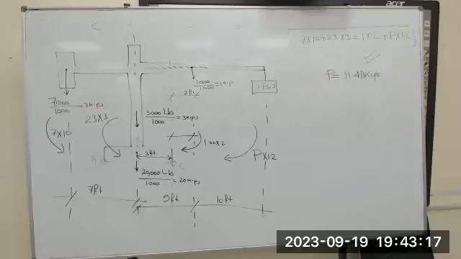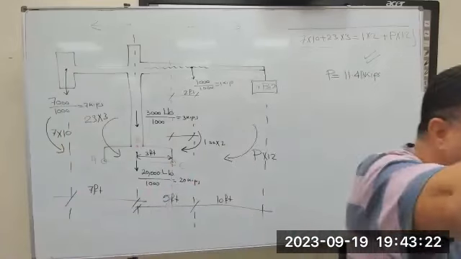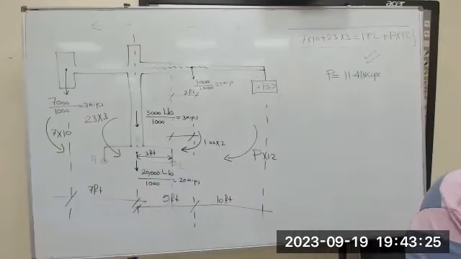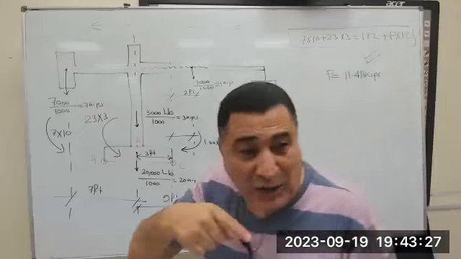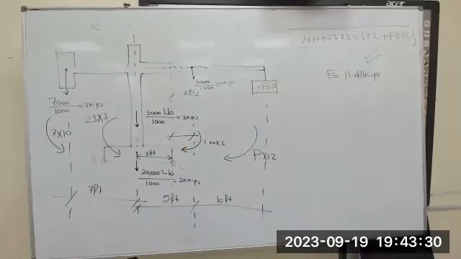Why? Because the answer is 11. You are going to calculate, no change. Again, 10. This is a bar.